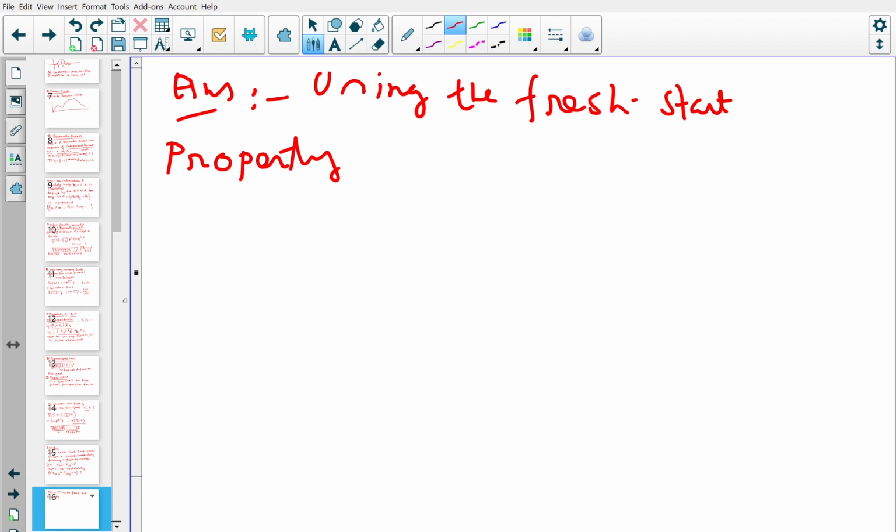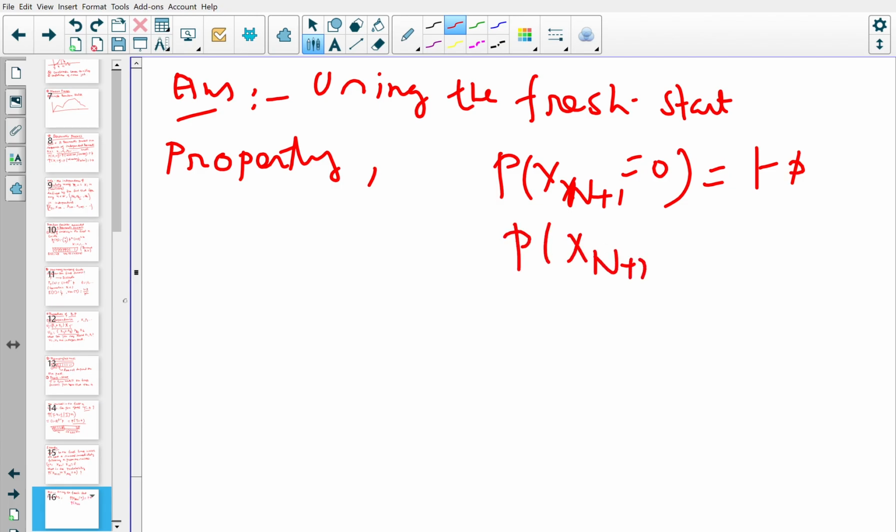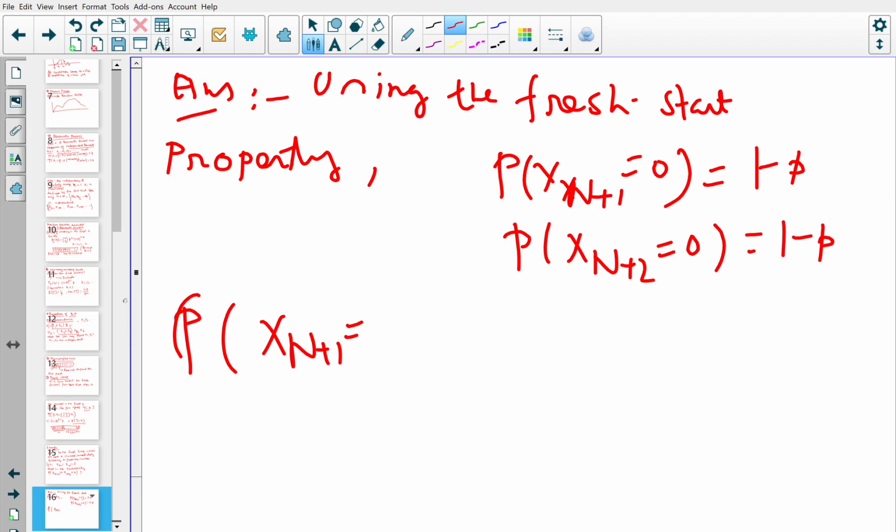So using this property, what you can say is that whatever happened doesn't matter. The probability that x_{n+1} equals 0 does not depend on whatever happened, and this is 1 minus p. Similarly, the probability that x_{n+2} equals 0 is also 1 minus p. What we ask is the probability that x_{n+1} and x_{n+2} are both 0.